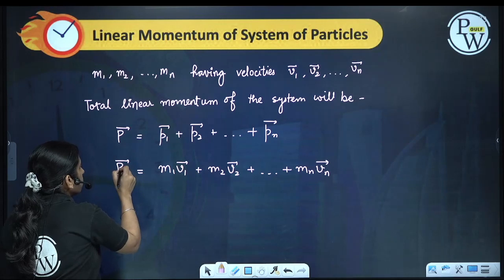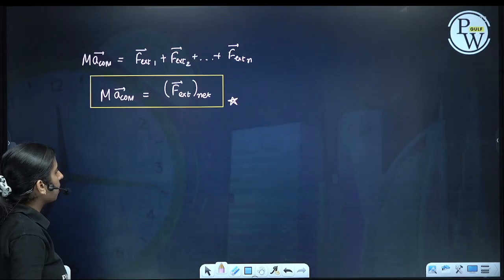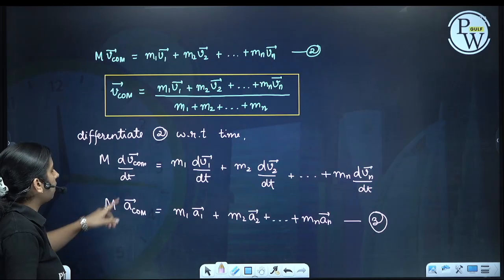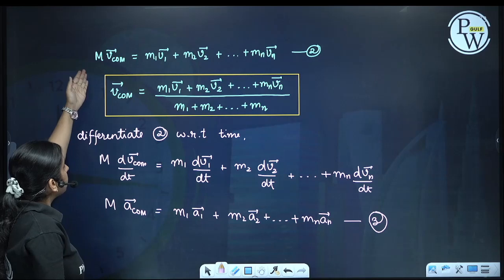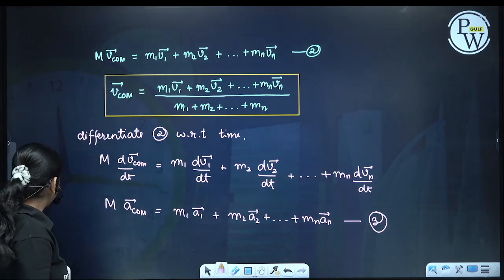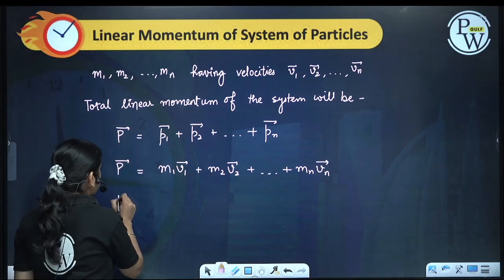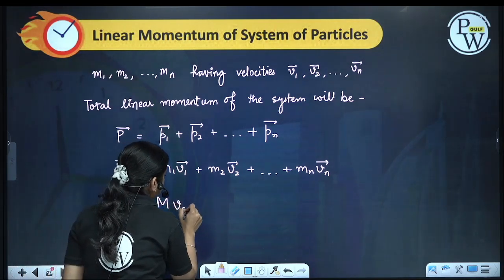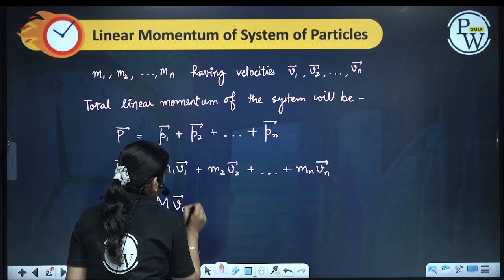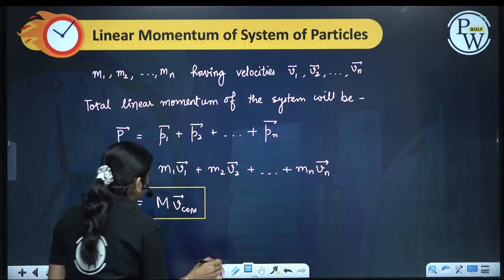Now, remember we have seen this equation somewhere: m1 v1 plus m2 v2 plus so on up till mn vn is equal to M into VCOM. So P vector is equal to capital M into VCOM.